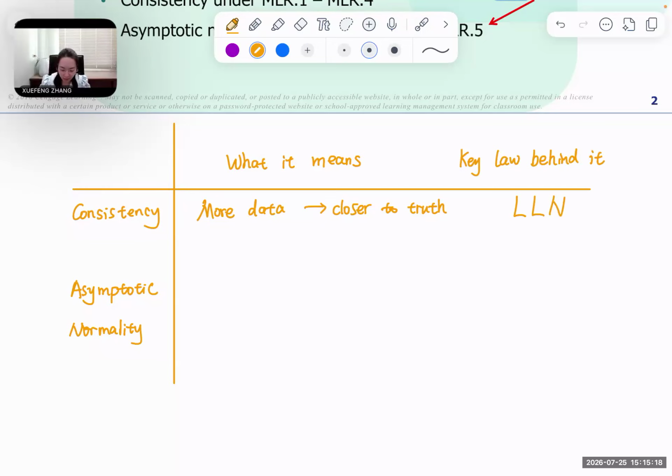Next one, asymptotic normality. It means that in large samples, we will have a normal distribution of beta j hat. The law is the central limit theorem.